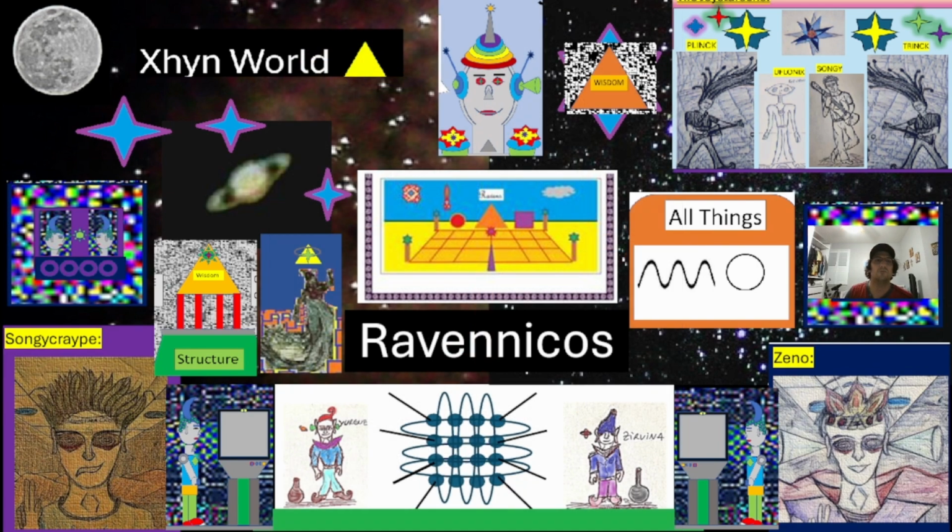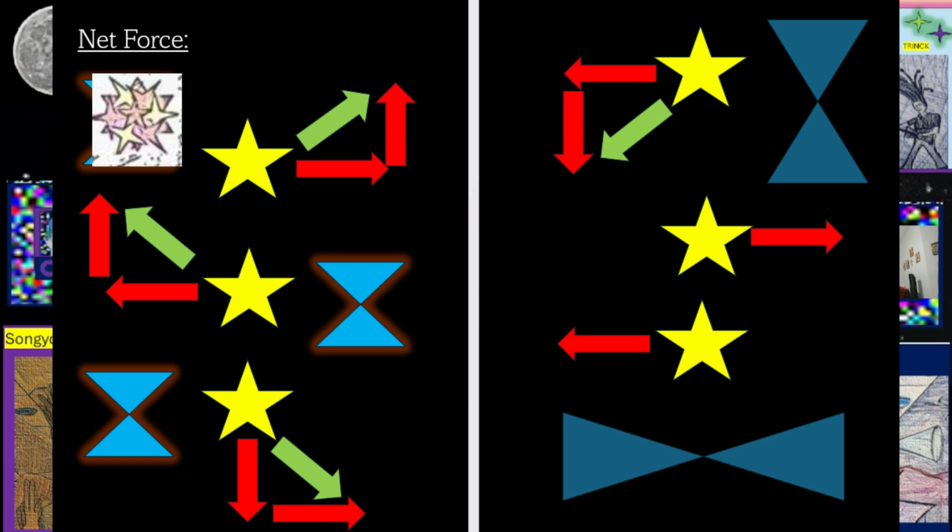And then depending on what the result is, we can find the net force, which will be a combination of x and y components. In this first example, the net force is right and up because the sum of the x forces gave us a positive result for x, which means x is to the right, and our sum of the y forces gave us a positive result for y, which means y is up.